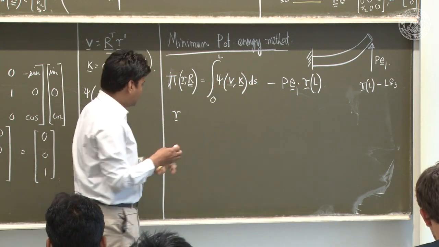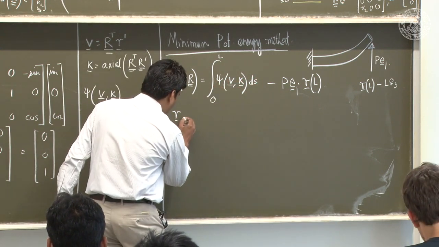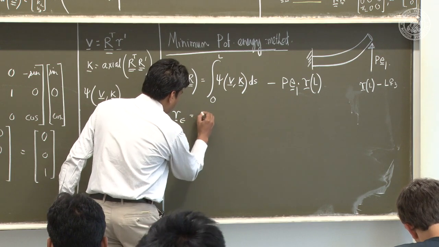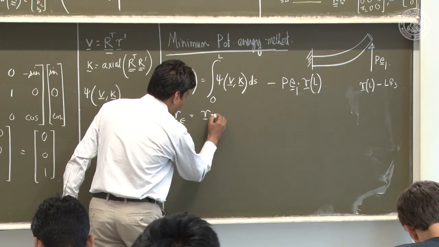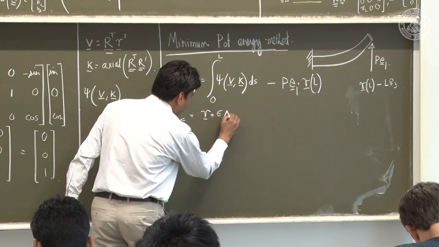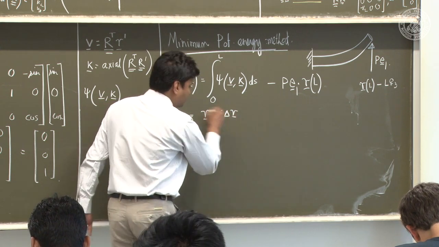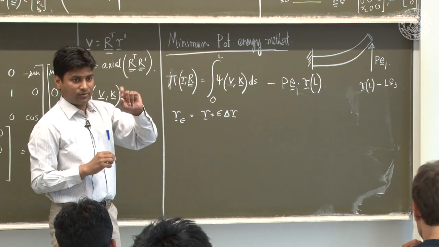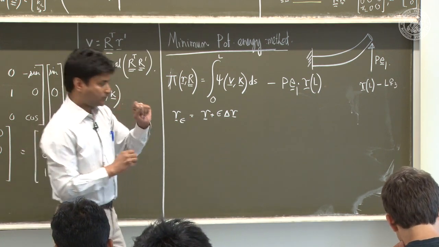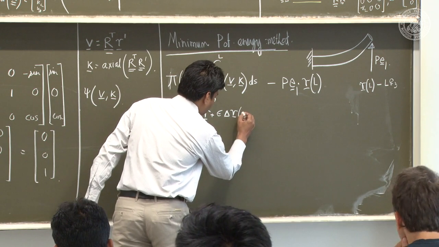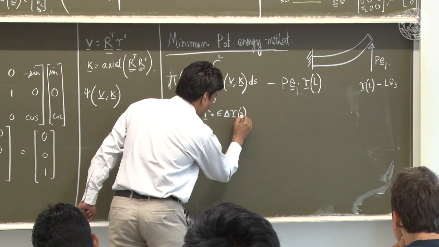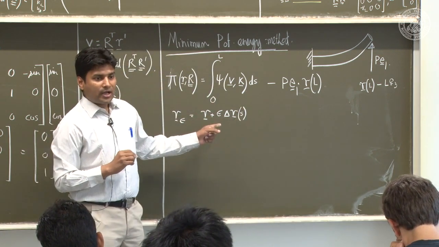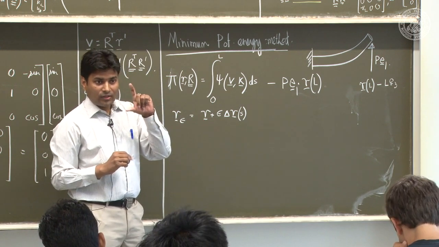So that you could do by saying that little r of epsilon is your little r plus epsilon times some delta r. So delta r is then the fluctuation in little r. That is also going to be a function of s, by the way, and epsilon denotes the magnitude of fluctuation.